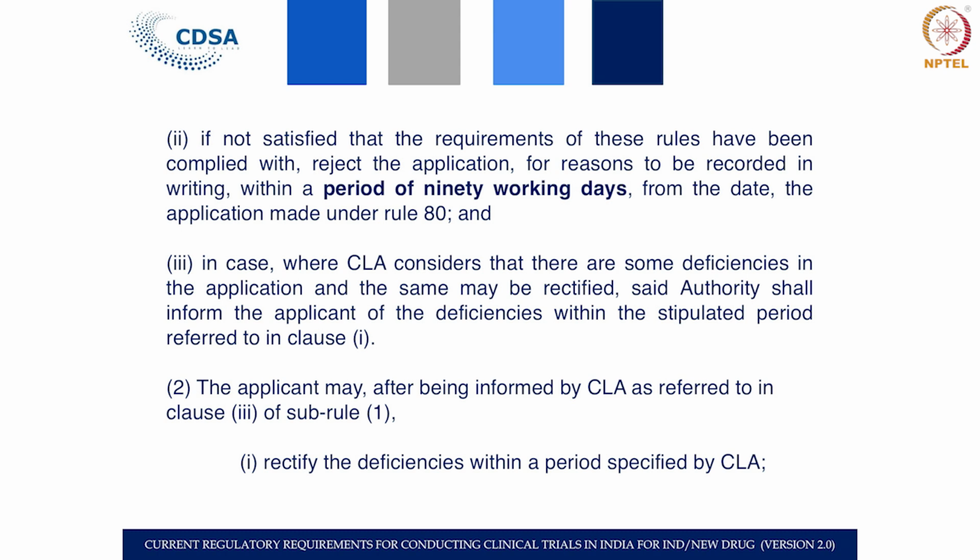The permission, when it is granted, is within the 90 working days, and in case of rejection the applicant can always appeal to the CLA. So, there is an appeal mechanism within 60 working days to reconsider the application, and whenever there is an appeal, there is a fee specified for reconsideration, which is 50,000 in all cases.